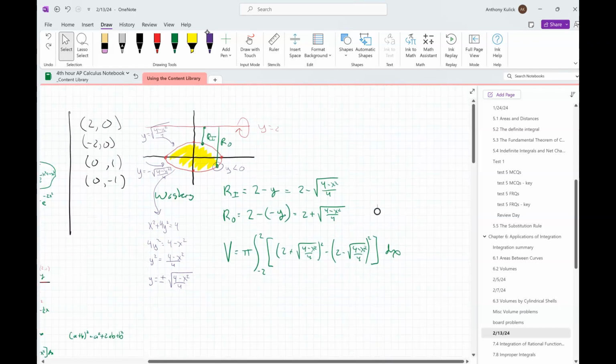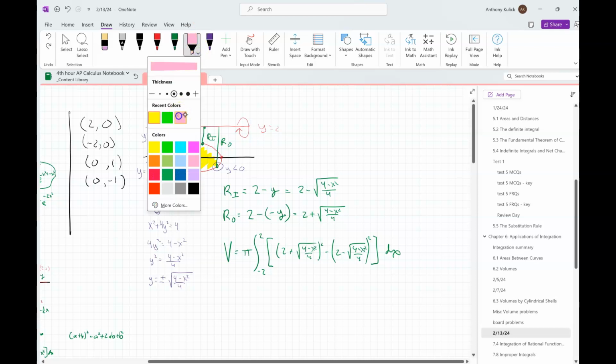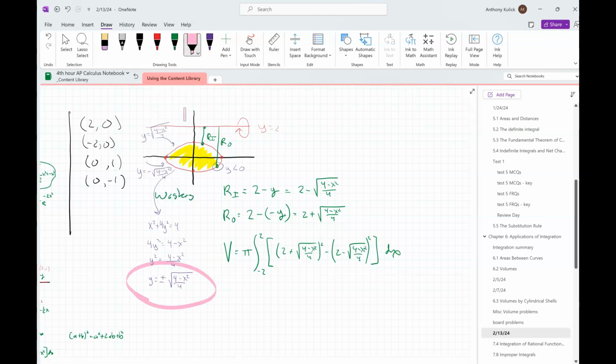That was a fun one though, huh? This trick right here, super non-trivial. That was hard. Coming up with that idea, that's how I'm going to have to differentiate between the top half of the function and the bottom half of the function.